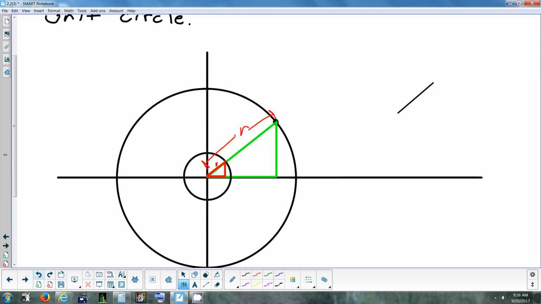So let's think of it this way. Pretend the green triangle had a radius of 5. What would you have to divide that by to turn it back into 1 unit long?